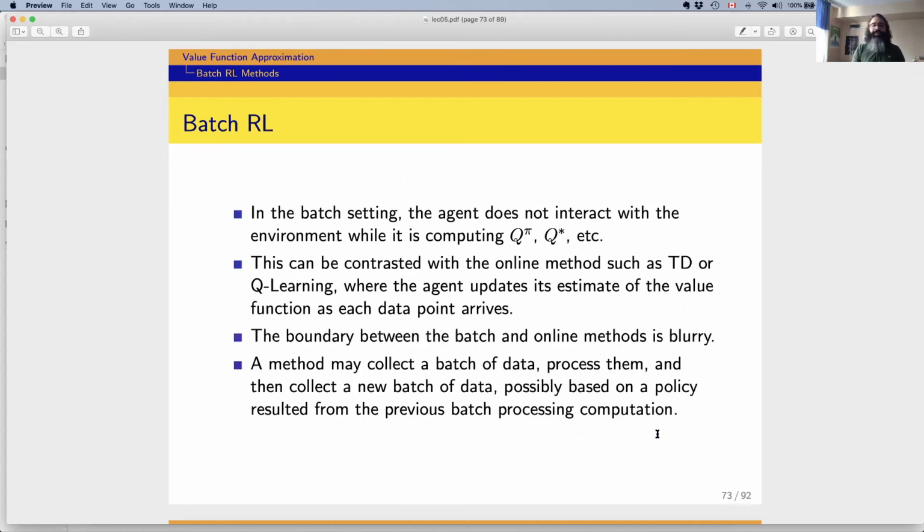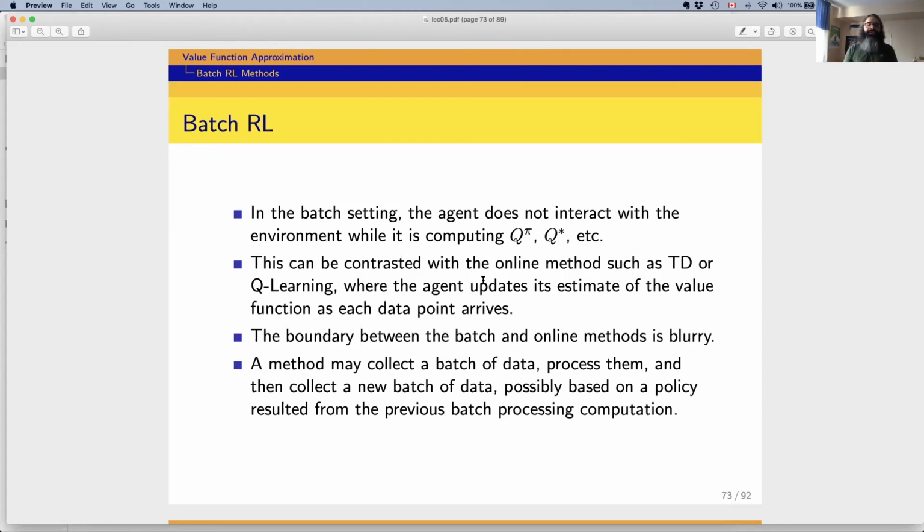As I mentioned, in the batch setting, the agent is not interacting with the environment. This can be contrasted with online methods such as TD and Q-learning, where the agent updates the estimate as it's interacting. Also, I should mention that the boundary between batch and online methods is a little bit blurry.